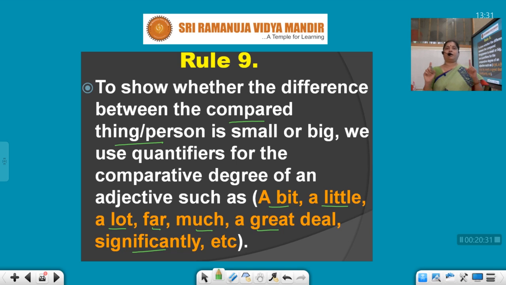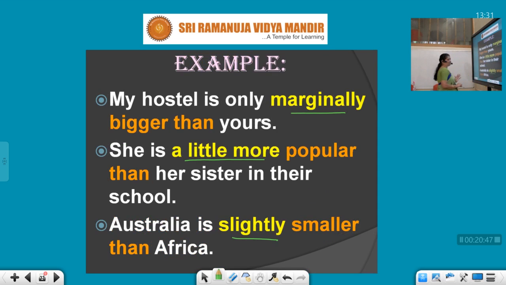Remember once again, in very rare cases we will use superlatives. Whenever you are using these quantifiers, remember you will be using them only for comparative degrees of comparisons, not for superlatives. But in certain cases, you will be using them for superlatives.